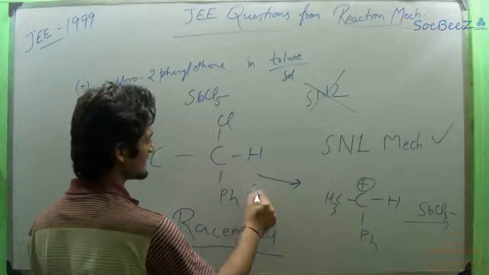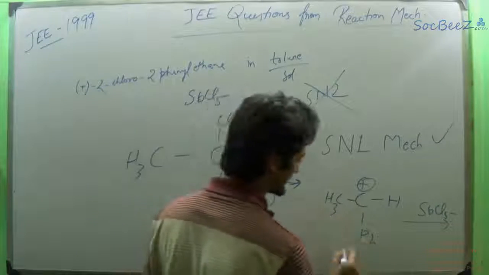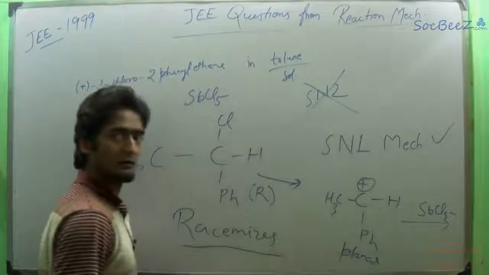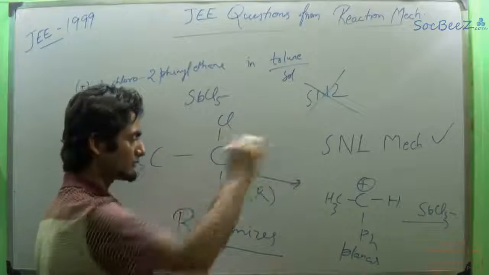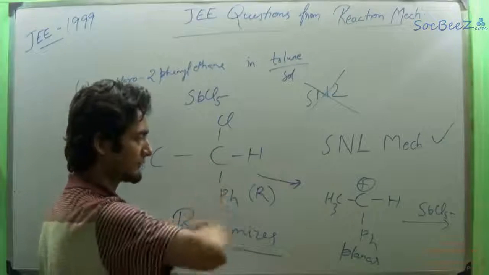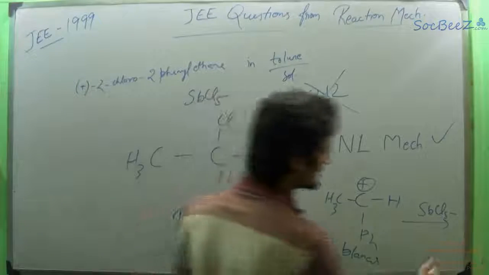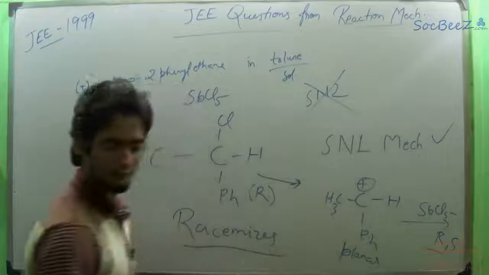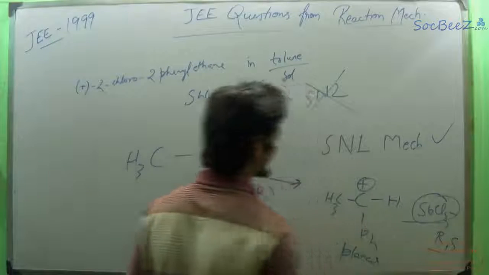Let's say the initial one was R, but once a carbocation is formed, it is a planar molecule. Now the attack can happen from both sides, above the molecular plane or below the molecular plane. Thus the final product will give us both R and S. Thus it racemizes. So the presence of SbCl5 racemizes the mixture.